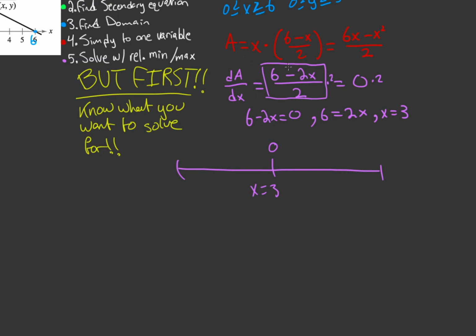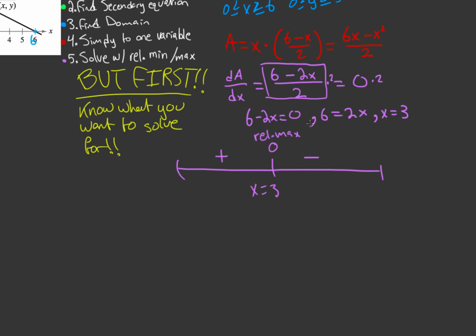If we increased x, say to 4, we have 6 minus 2 times x, which is 8. That's a negative number, so that's negative. If we decreased x, say for example x equals 0, we get 6 over 2, that's a positive number. So based on our first derivative test, this looks like a relative maximum.